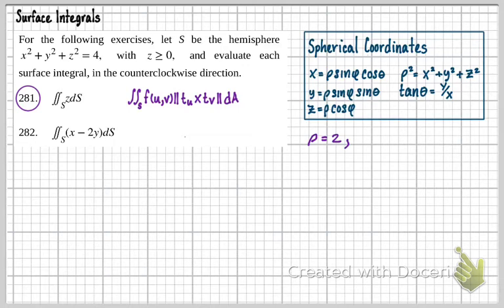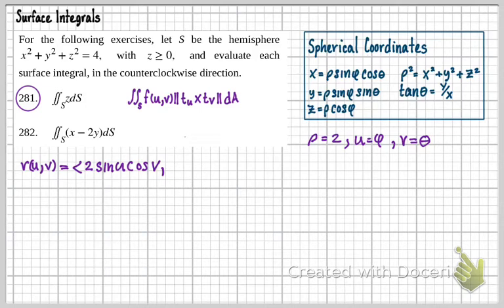Now again, I have three variables here, and that accounts for one, and then I have my u and my v. So I can say u equals phi, and v equals theta. So I've assigned all my variables. Now all I have to do for my r(u,v) is plug those in accordingly. The first component is my x: instead of rho, I write 2, then sine phi becomes sine u, and cos theta becomes cos v.